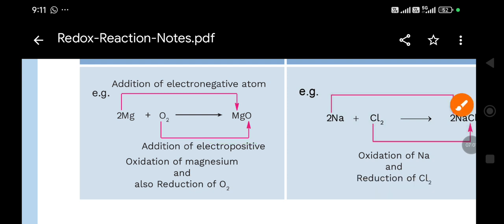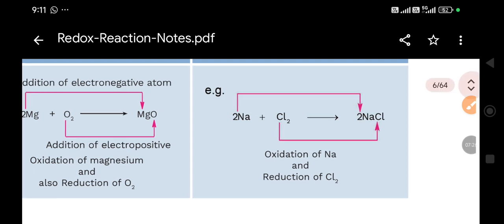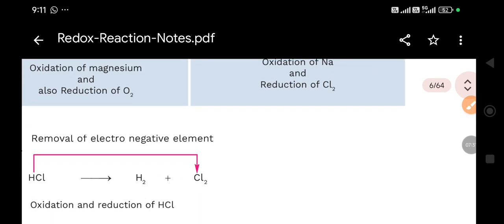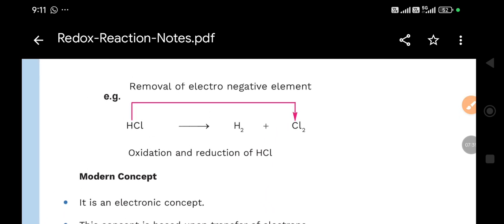One more example, for NaCl. Sodium combines with chlorine to give 2NaCl. Here oxidation of sodium is taking place and reduction of Cl2 is taking place. As both oxidation and reduction are taking place simultaneously, this reaction is called a redox reaction. Now let us do removal of an electronegative element.